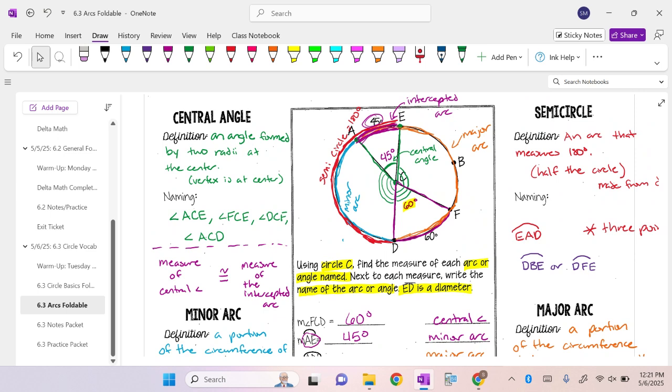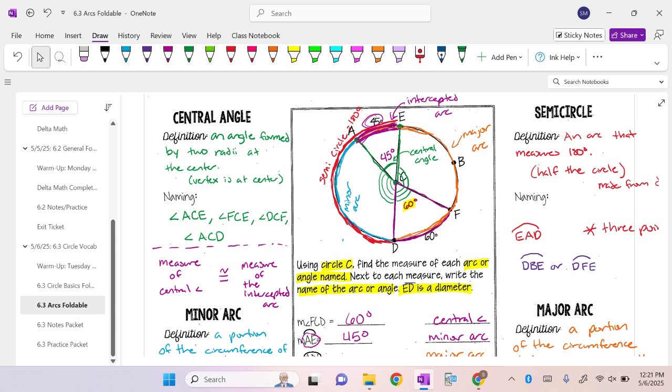We know that this minor arc has to be less than 180 degrees. Does that arc connect to another arc that would make it equal 180 degrees? Yes. What other arc, if I connect it to AD, makes a semicircle?